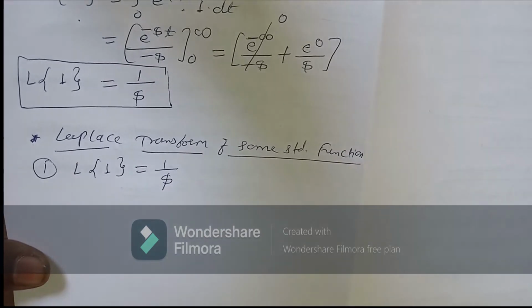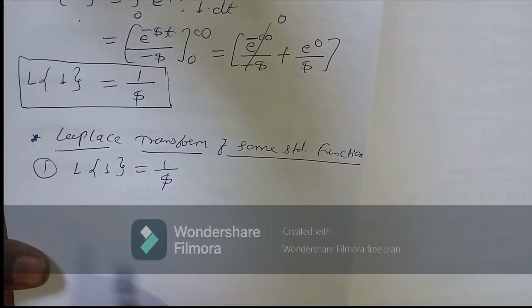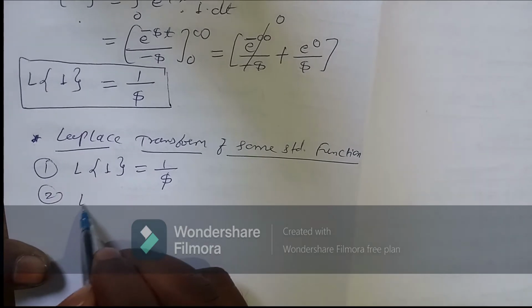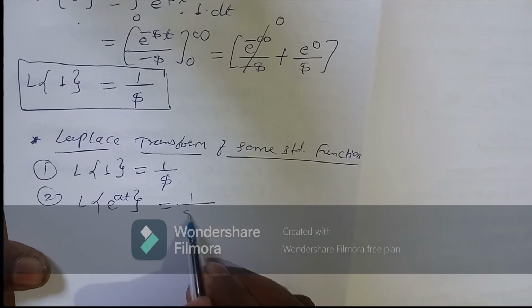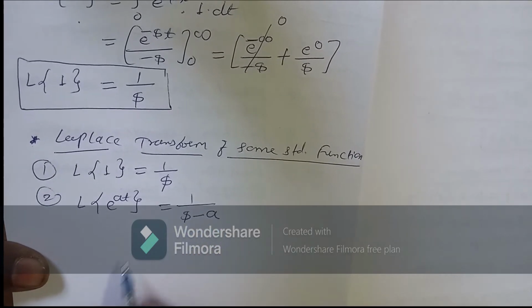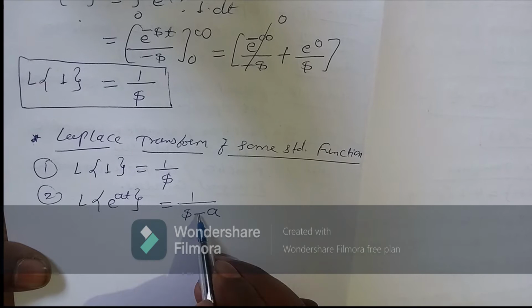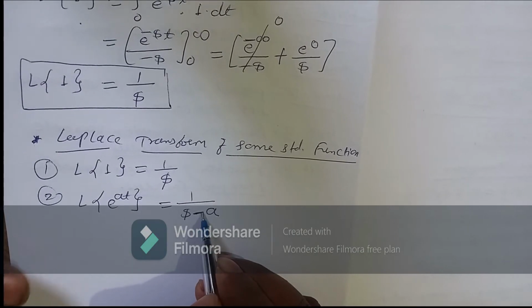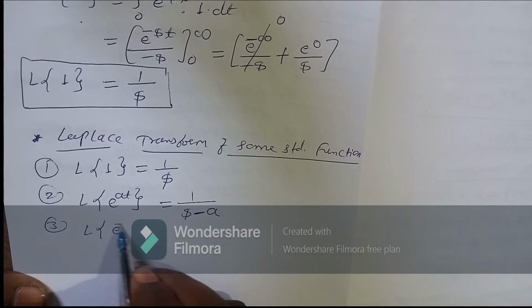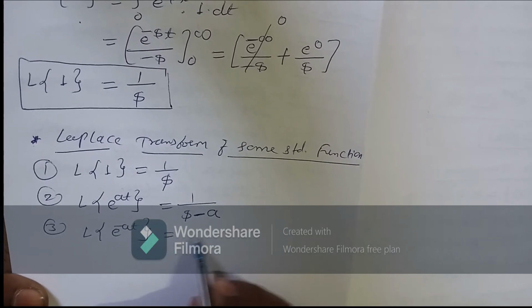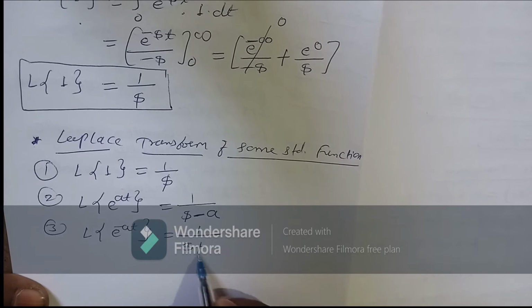Laplace transform of 1 is equal to 1 upon s. Second formula, Laplace transform of e raised to at is equal to 1 upon s minus a. That means if there is positive a, then on the right hand side the formula is 1 upon s minus a. Next, Laplace transform of e raised to minus at is equal to 1 upon s plus a.